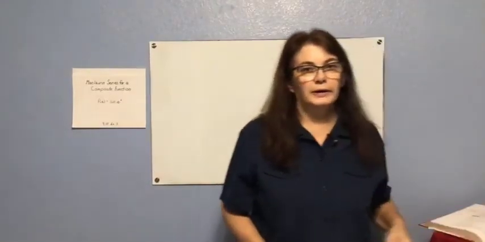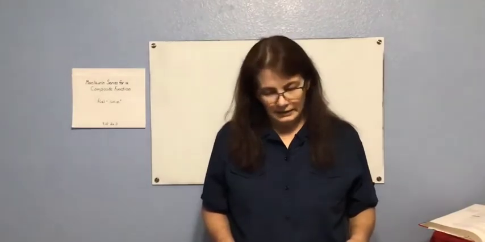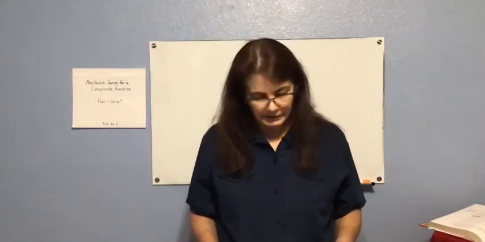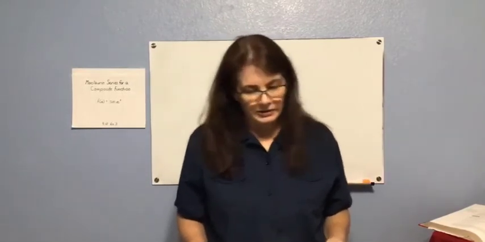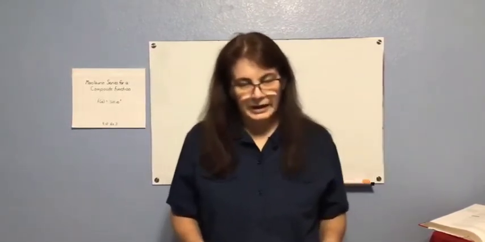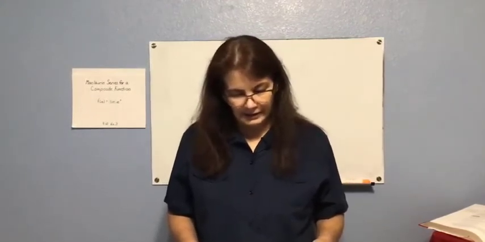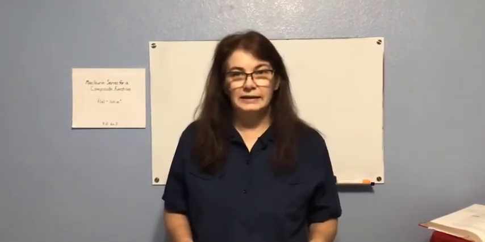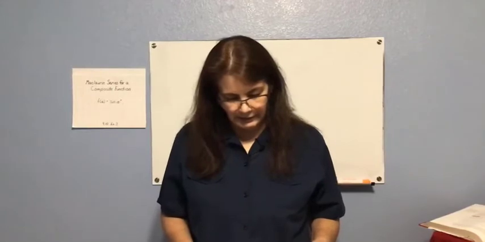Before we go on, let's go through some basic steps that we need to take to find a Taylor series. First of all, we're going to take our function f and differentiate with respect to x several times and then evaluate at c. And when we get those numbers, we're going to look for a pattern in the numbers.